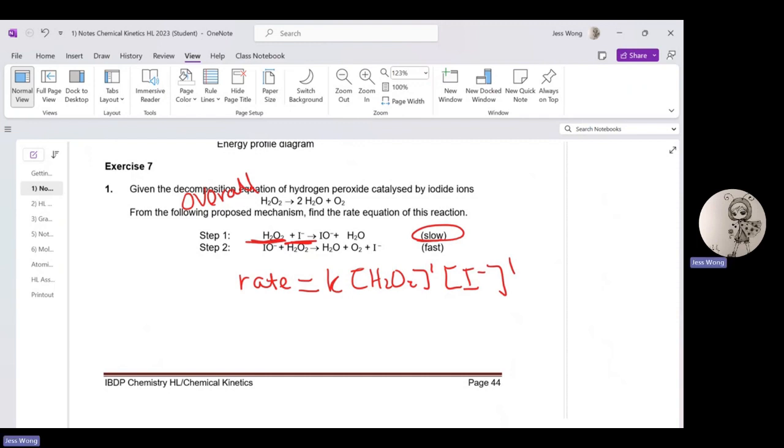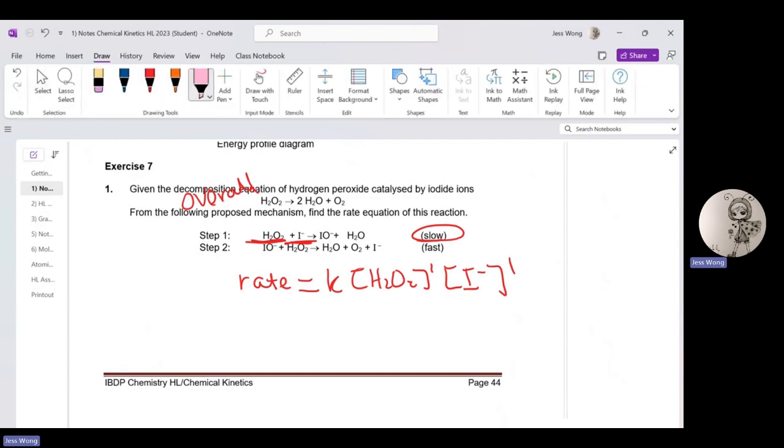Okay, think about it. What we say about the rate equation is that it should not contain any intermediate. So before we can tell whether I minus should be in the rate equation, we need to know whether I minus is an intermediate, right?